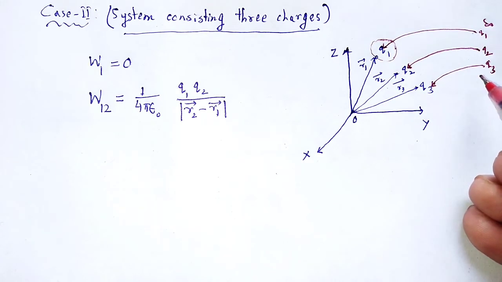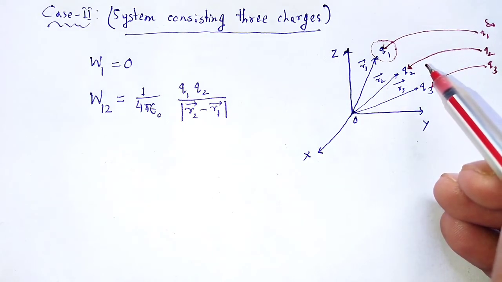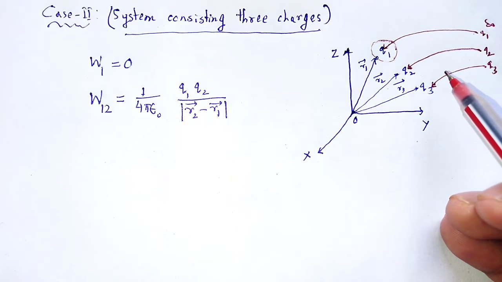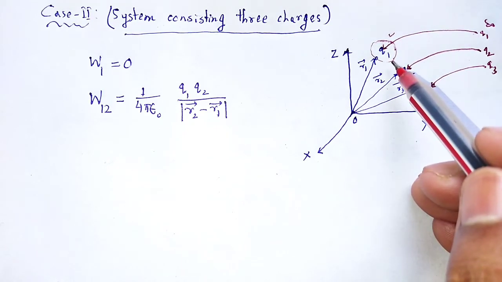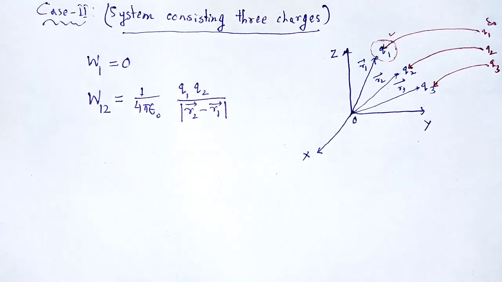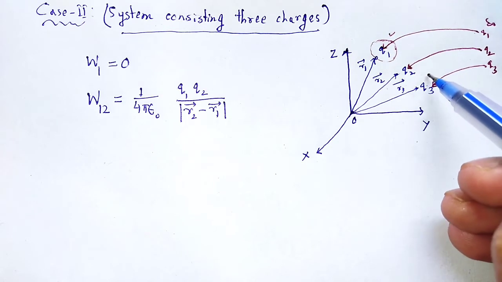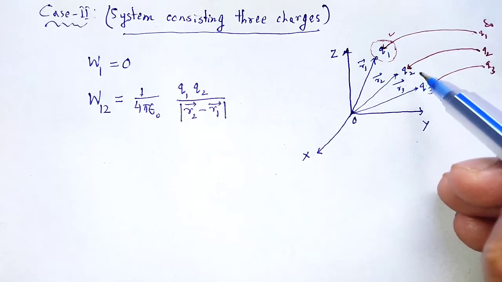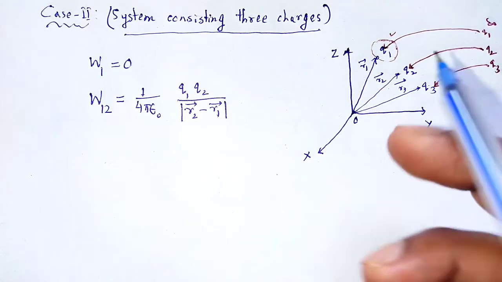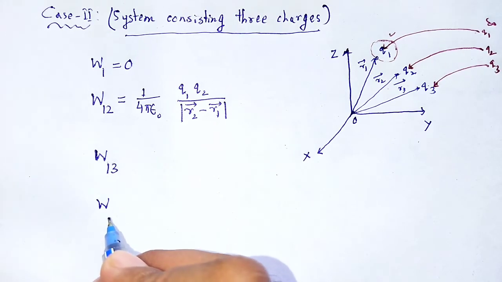The work done here is due to the effect of the charges Q1 and Q2, so two works are done: W13 and W23.